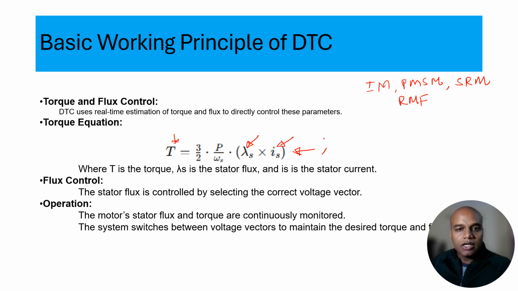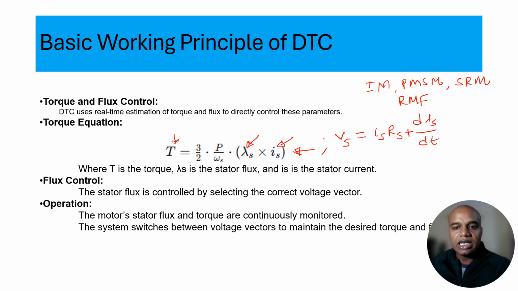Similarly, the voltage equation for these motors is Vs equals Is Rs, which is the drop happening inside the motor over the stator winding, plus d lambda s by dt, which is nothing but d phi by dt, creating an induced EMF. This is my voltage equation.